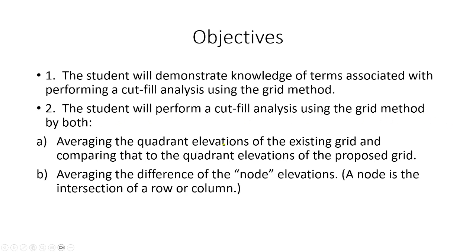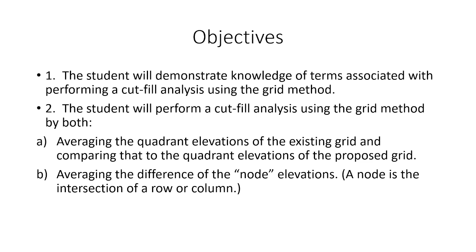So here's the two grid methods. The first is averaging the quadrant elevations. Now, what is a quadrant? A quadrant is an area within a square, a rectangle, let me say. It doesn't have to be a square. It's going to have 4 corners. Going back to a grid, at each of these corners, they will be touching another corner of another square within the grid, and you go on and on.